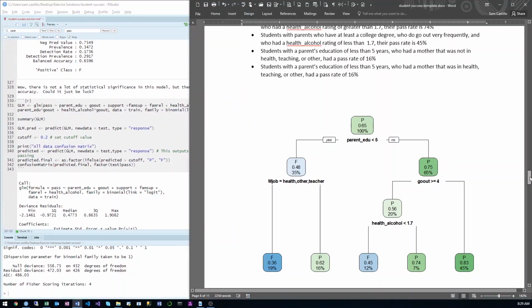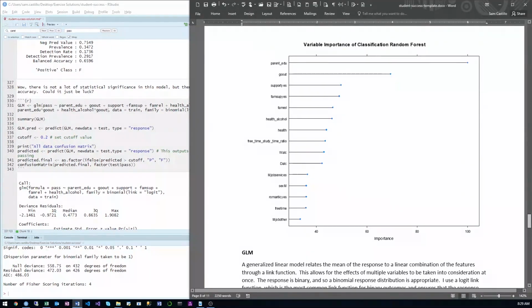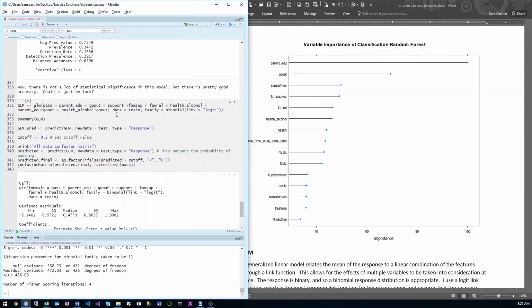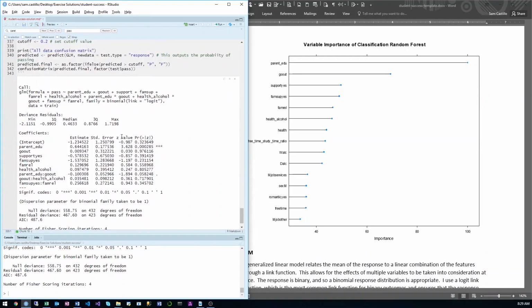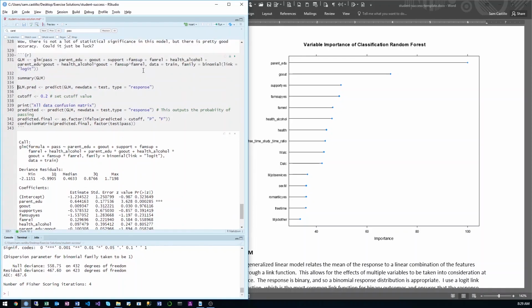What were the other variables? Parent edu, go out, support, yes. So let's try FAMSUP, fam relation. And oh, many of these do not show as significant.